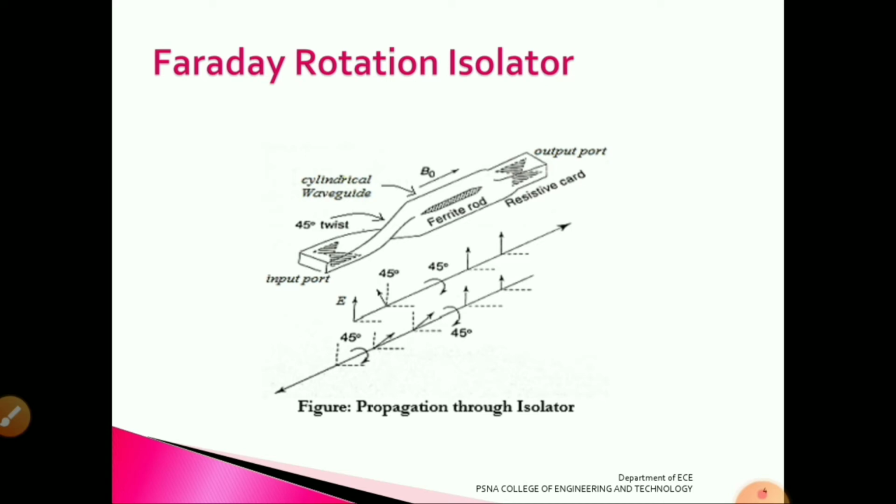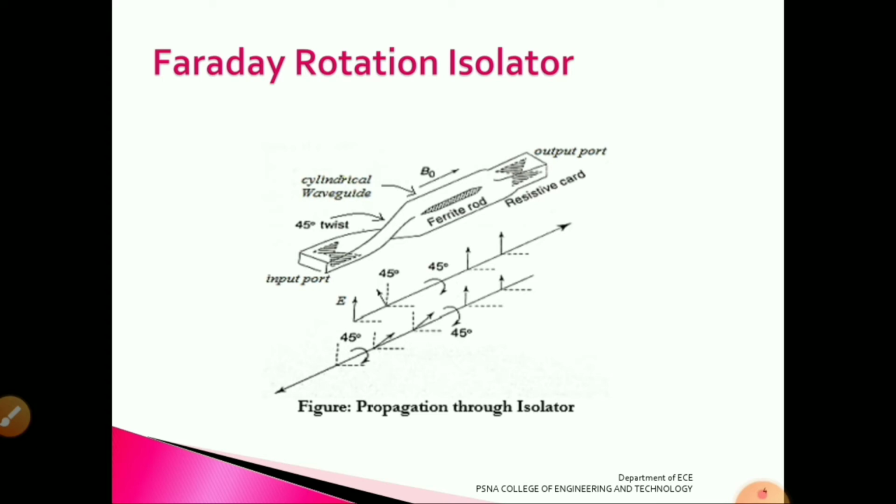Now we will see the second condition, that is, the wave is traveling from the output side to the input side. Port 2 passes the wave since the plane of polarization of the wave is perpendicular to the plane of the resistive card. Then we have the ferrite rod. The ferrite rod produces a 45-degree rotation in the clockwise direction.